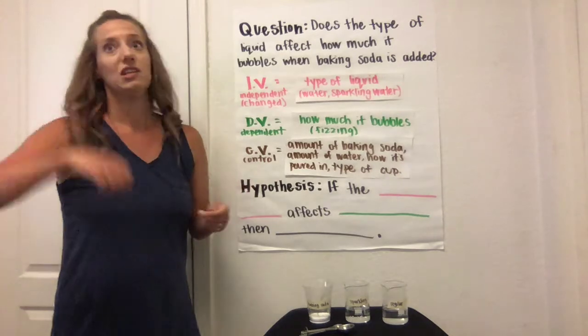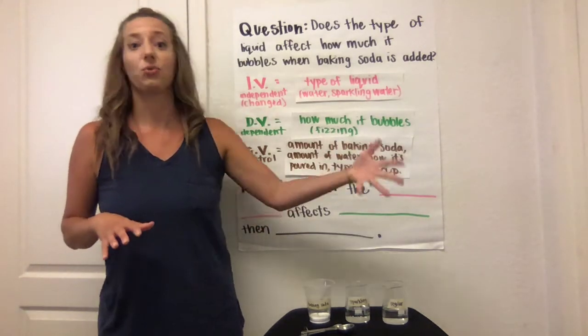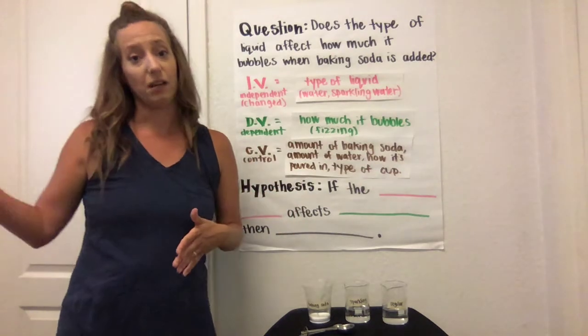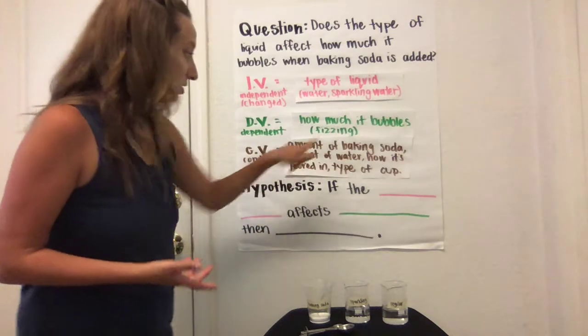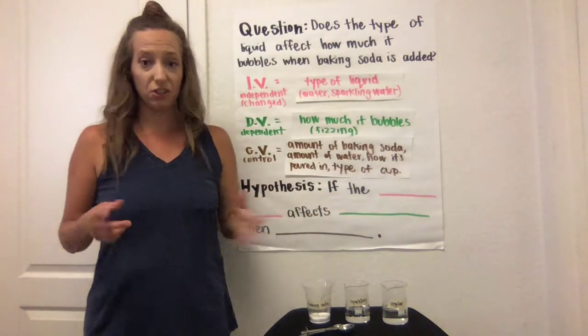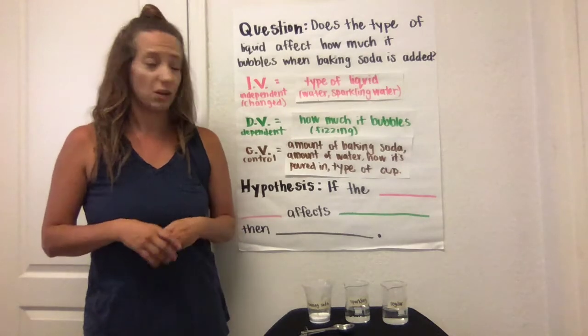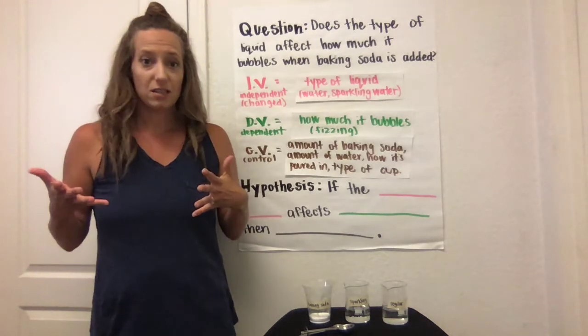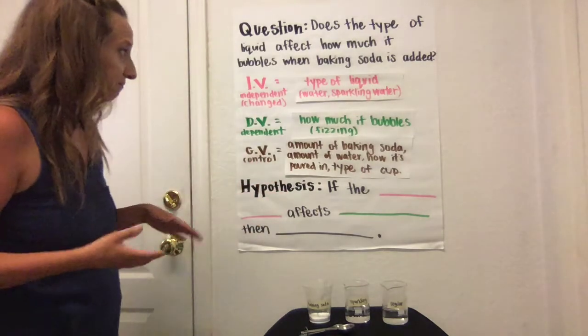I don't want to add 2 tablespoons of baking soda in one and another I add 3. So we want to keep things the same so we know what kind of liquid had more of an effect. How it's poured in, the type of cup that you're using, it could be the temperature of the liquids. There's tons of different things that we could add to this list, but at least we want to try and shoot for 4 control variables.